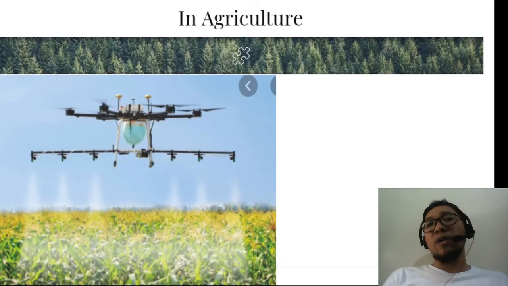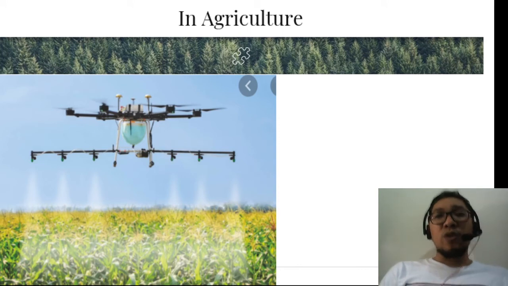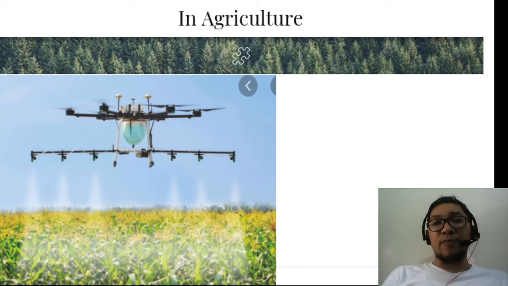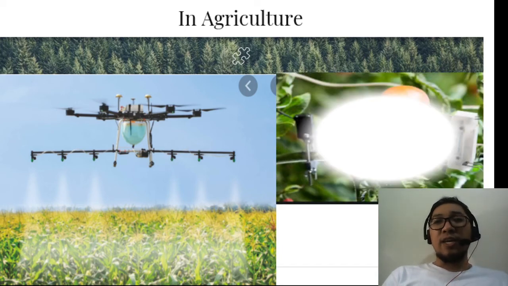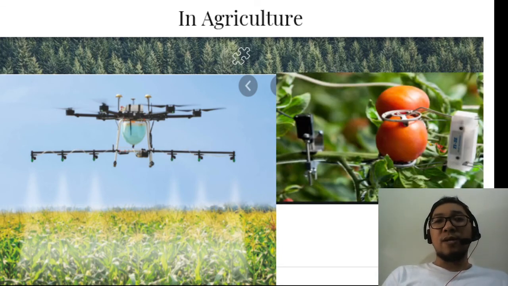In the field of agriculture, there are also innovations and advancements based on research. So instead of spraying fertilizers on the crops manually, you can use drones. You can even check if the crops are already ripe or ready to be harvested, if there are pests and other organisms in them. That's a product of research.